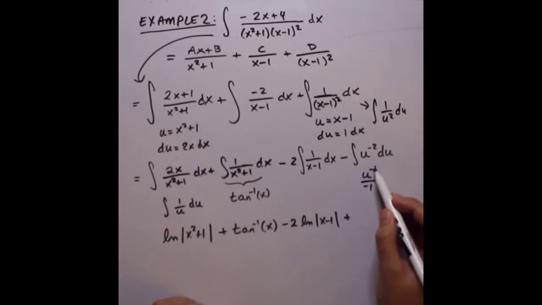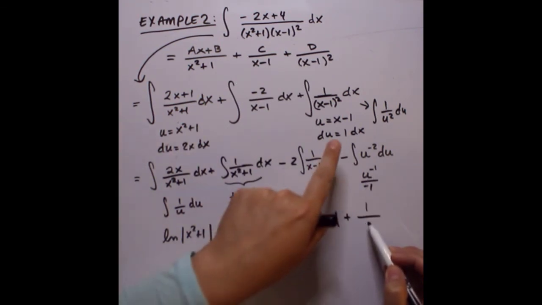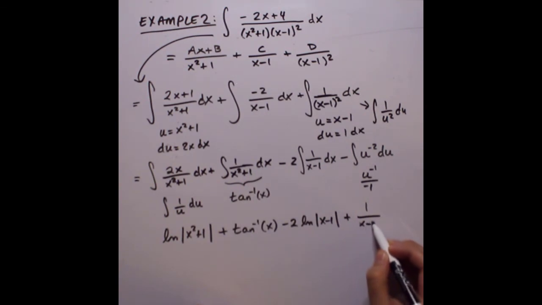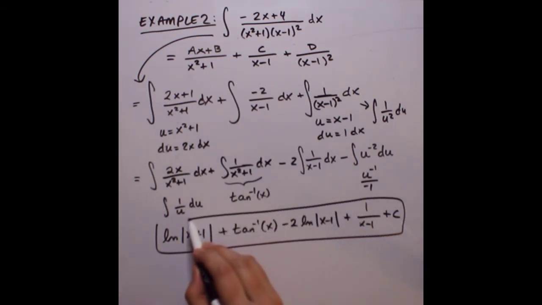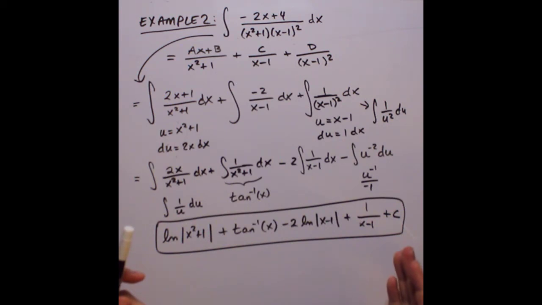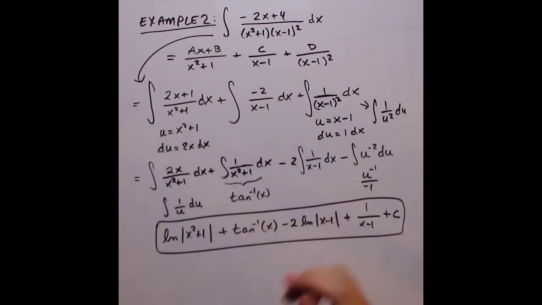And then this u to the negative 1 moves down, and it becomes positive u on bottom, but u was x minus 1. All right, plus C. Okay, there it is. A little tricky, it had a few interesting parts to it. Just take your time, stay organized on these ones, because there was a lot of algebra, and on this one specifically, there were a couple of different integration techniques that we used. But hopefully this helps.